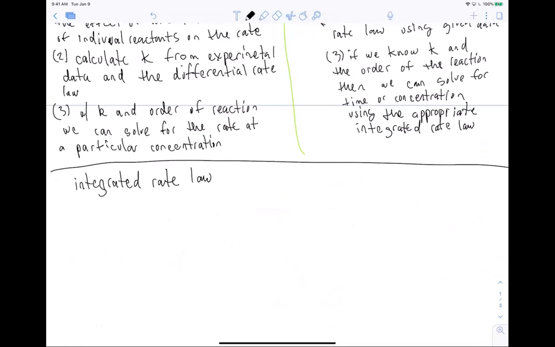Let's find something really simple. Let's say you've got ethanol. This is a nice one. I think we even talked about this a little bit in class. Let's say you have ethanol and it's being metabolized in your liver to acetaldehyde.